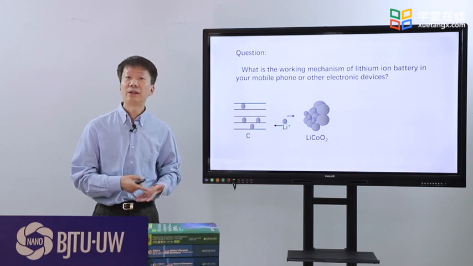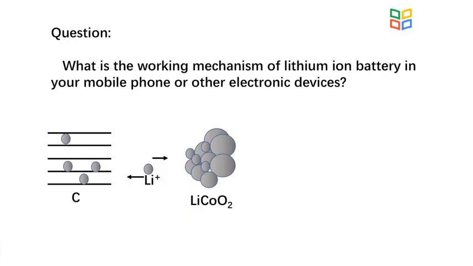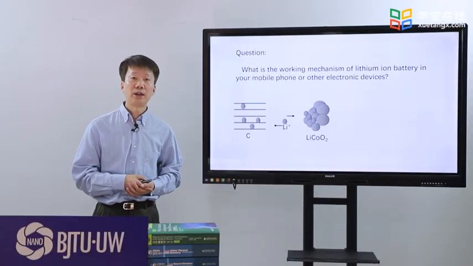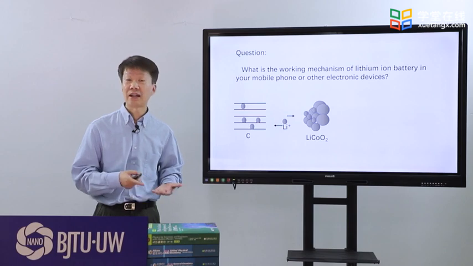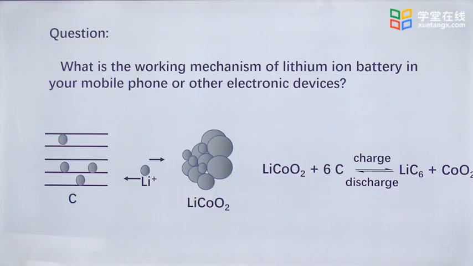Carbon is intercalated with lithium ions, while lithium cobalt oxide, the other electrode, loses its lithium ions during the charging of the battery. In the discharging process, the carbon deintercalates, and lithium ions go back into cobalt oxide and recover to lithium cobalt oxide again. The chemical equation is shown on the right.